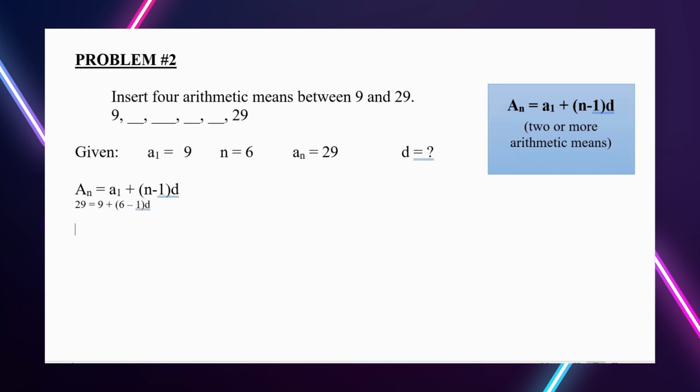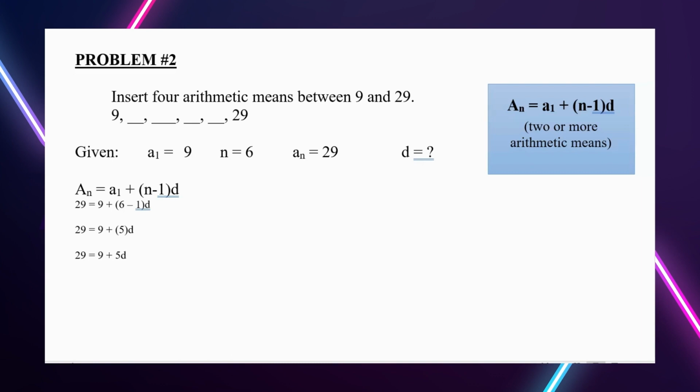So therefore, we can have 29 is equal to 9 plus, unahin natin isolve yung nasa quantity, which is 6 minus 1 is 5, times the common difference. 29 is equal to 9 plus 5 times d is 5d.